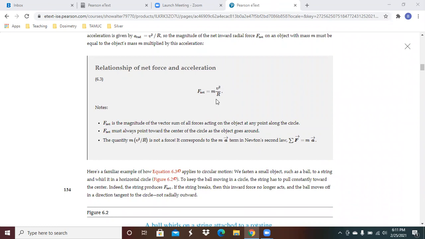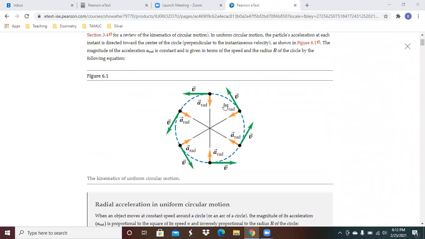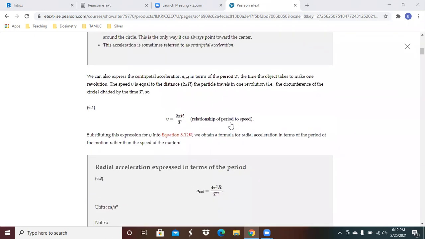It's used to model what's going on. It's a great model, but we don't actually have a centripetal force. There's nothing specific that's causing this object to go inward. There's no specific force there. That's just how we're using it to model it.